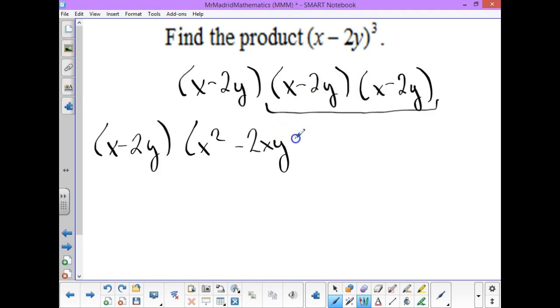This times this is also minus 2xy. And notice that I'm organizing the variables in alphabetical order, xy. So here, although you have minus 2yx, I'm just switching them so that they're nice and organized. And then lastly, I'll multiply these 2, which is plus 4y squared.